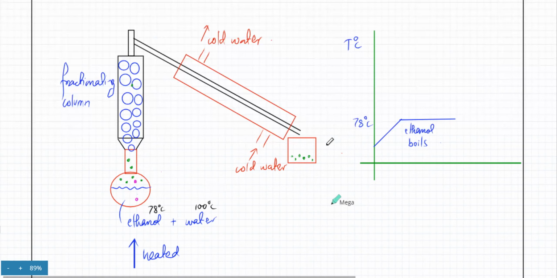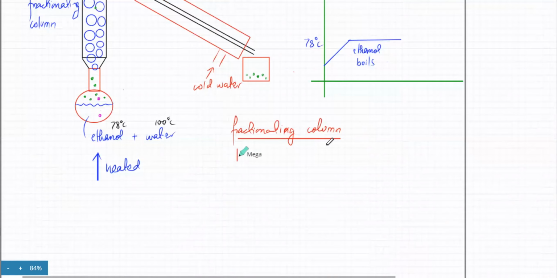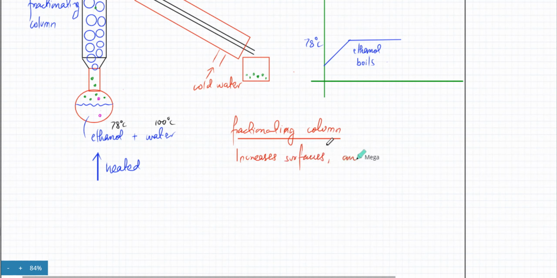You'll be asked about the fractionating column a lot. So I'll just mention what the fractionating column does, and the answer to that question, again, be very specific: it increases surface area and doesn't allow the higher boiling point liquid to reach the condenser.